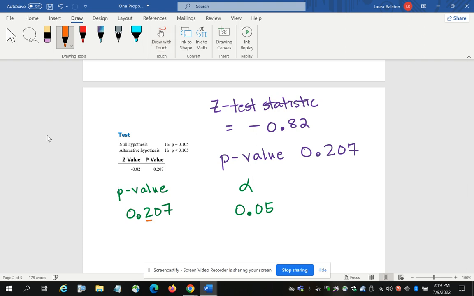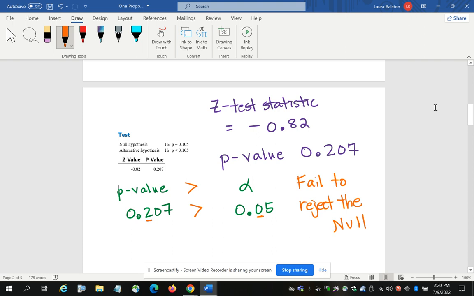So the first digit after the decimal place for the p-value is a 2, for the alpha is a 0. Well, 2 is greater than 0. Therefore, the p-value is greater than alpha. If the p-value is greater than alpha, the guidelines tell us to fail to reject the null.